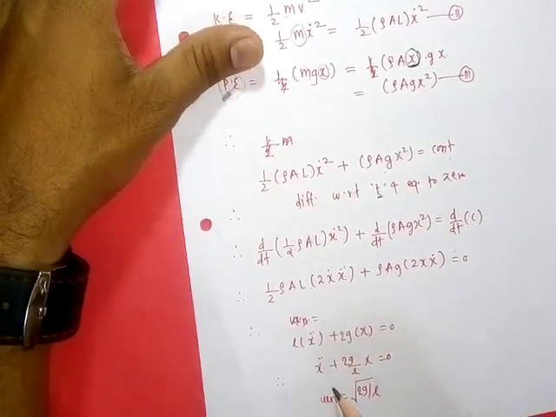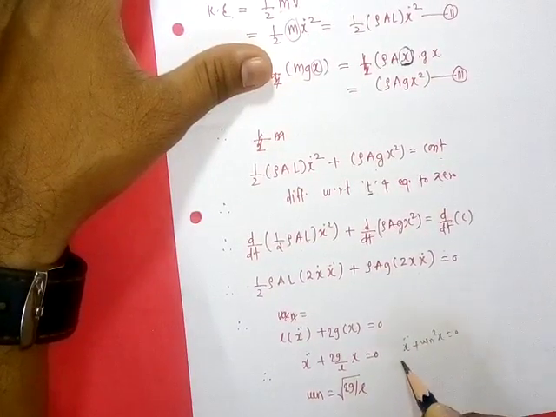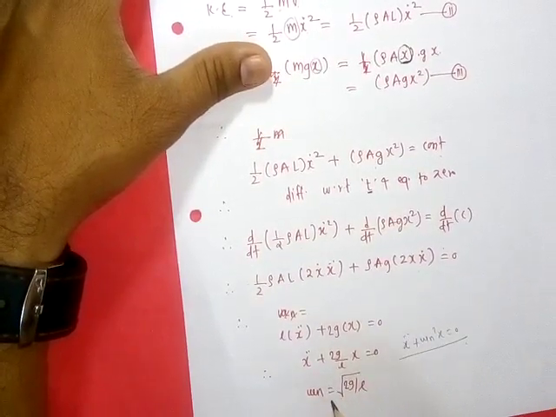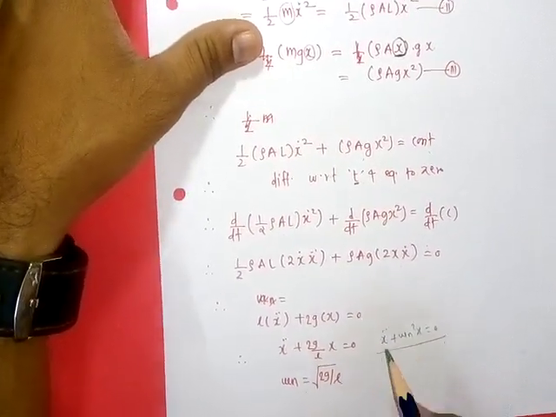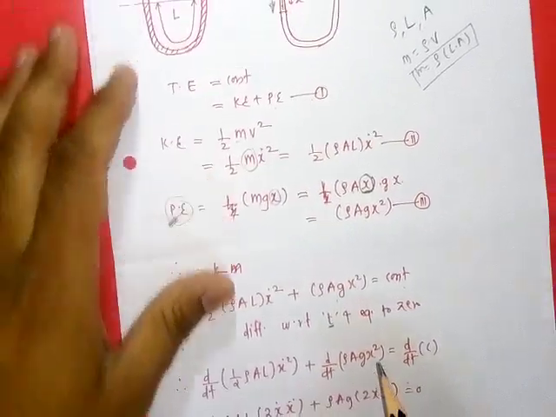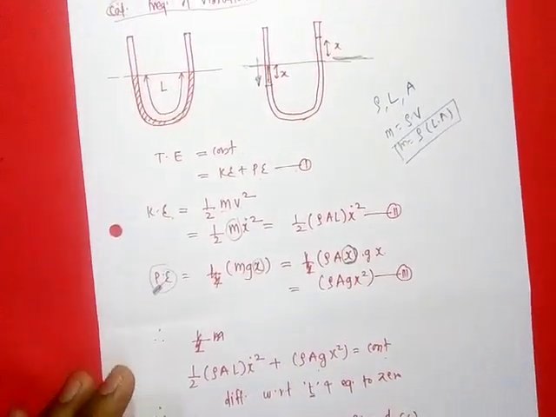Then arranging in standard form, x double dot plus omega n square x equal to 0, we get the natural frequency equal to under root 2g by L. This is the last problem of this type.